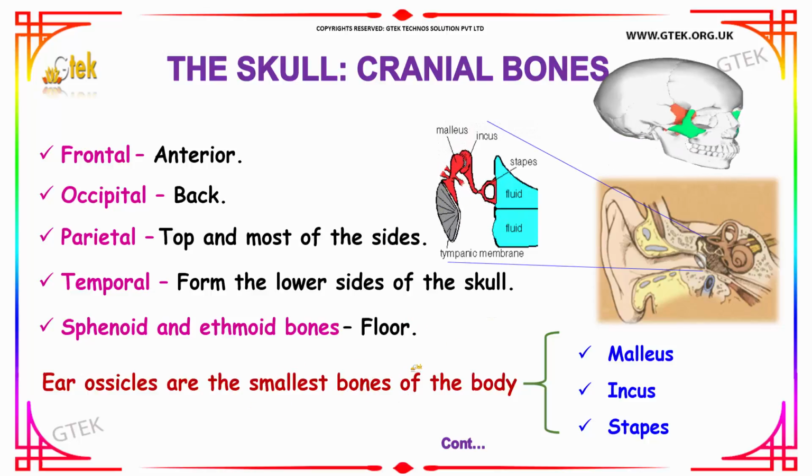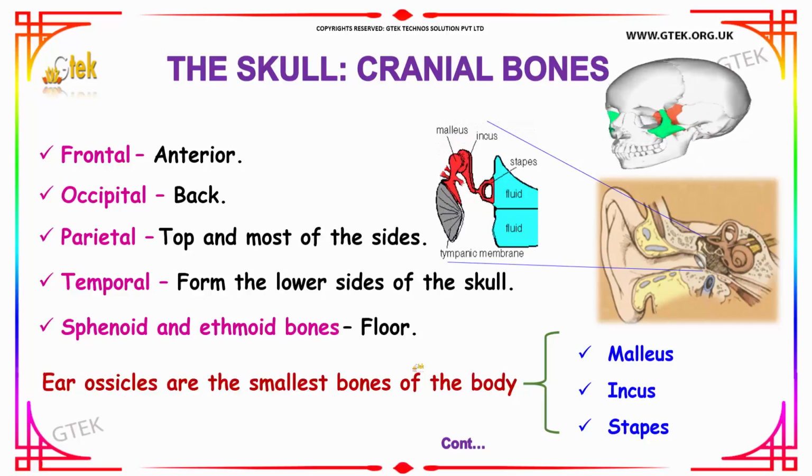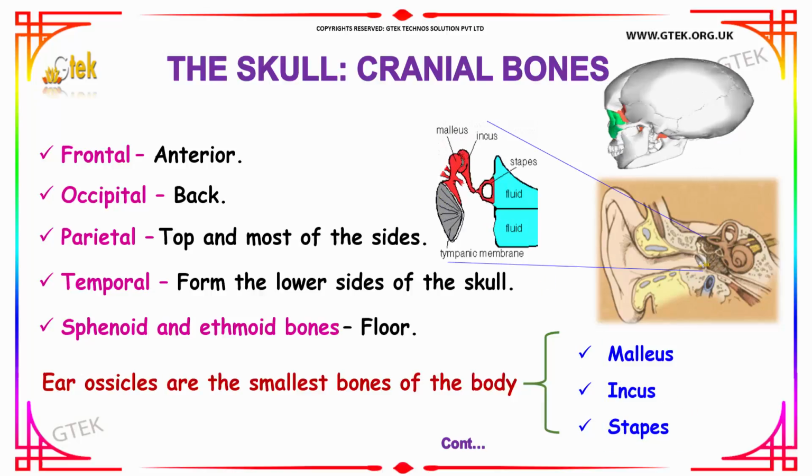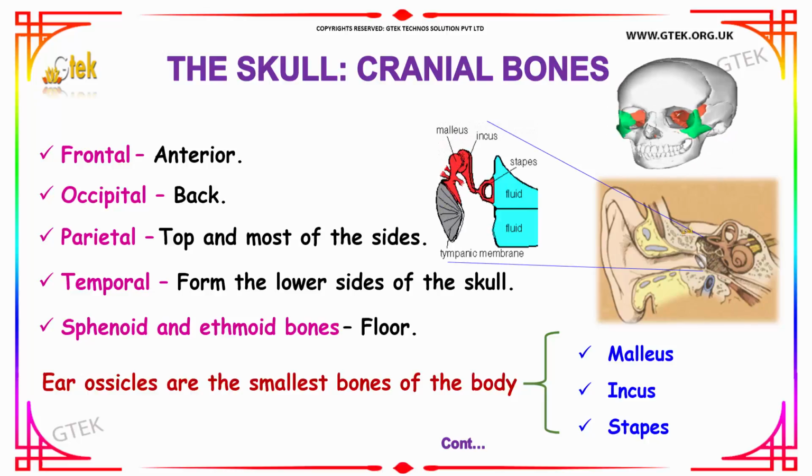The smallest bones of the body in a human can be found in your ear, and they are collectively known as ear ossicles. And those bones are malleus, incus and stapes. So if you see in your ear, this portion has been enlarged into this.